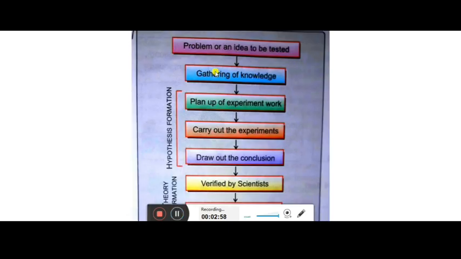Now you see here the second step is gathering of knowledge. About what are we going to gain the knowledge? Whatever the problem is, the problem with which we came out, that is the main thing we are going to search out. So that is the gathering of knowledge. How will we gather the knowledge?